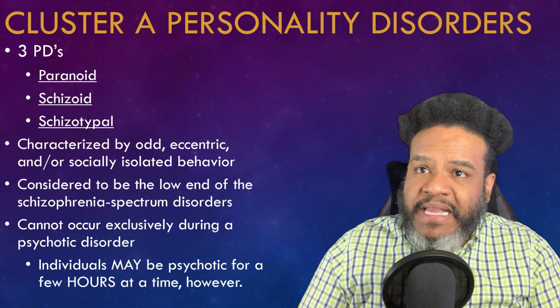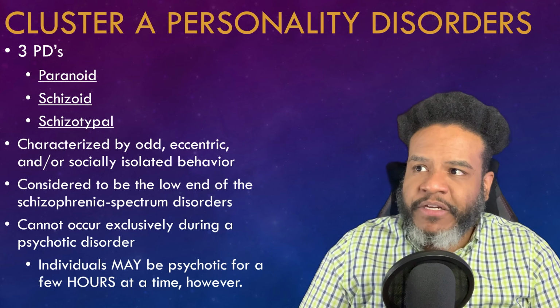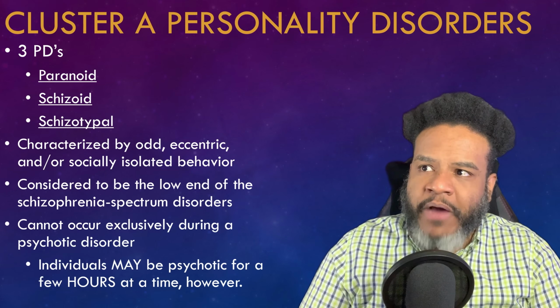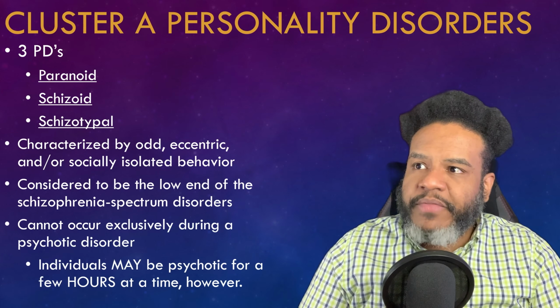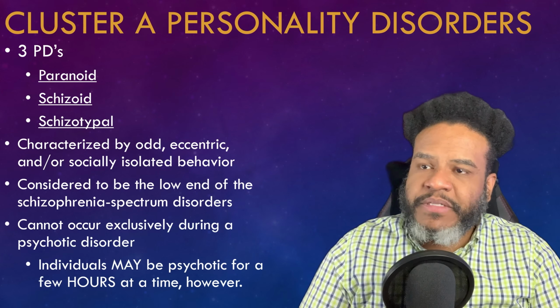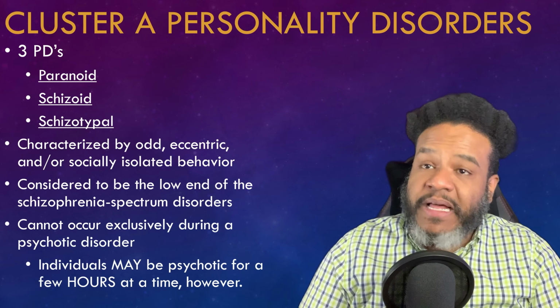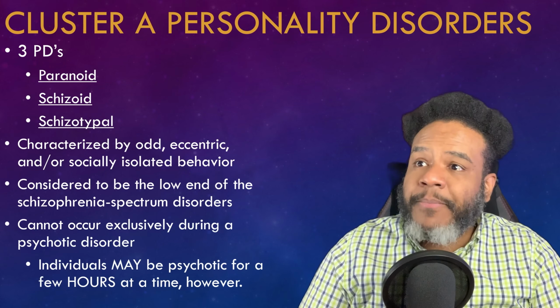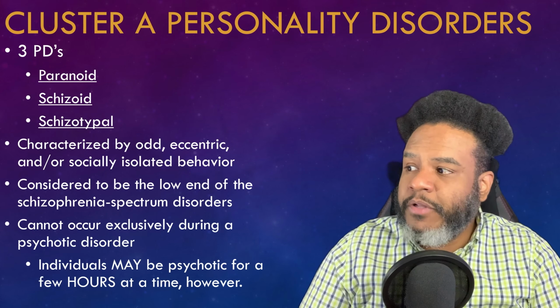Although the DSM-5 indicates that individuals meeting criteria for these 3 personality disorders can be psychotic for a few hours at a time. So all 3 of these share a similarity with the symptoms of schizophrenia. These types of personality disorders may represent behavioral traits or interpersonal styles that precede the onset of full-blown psychosis.